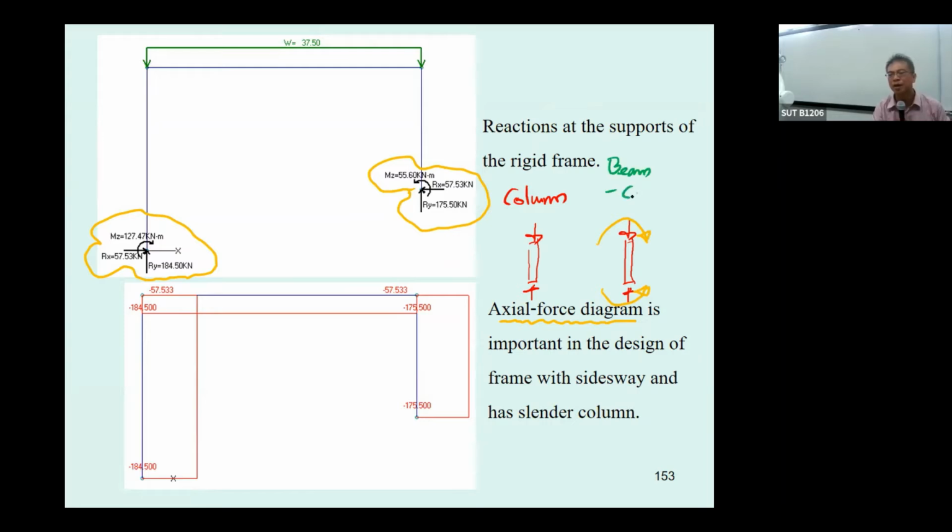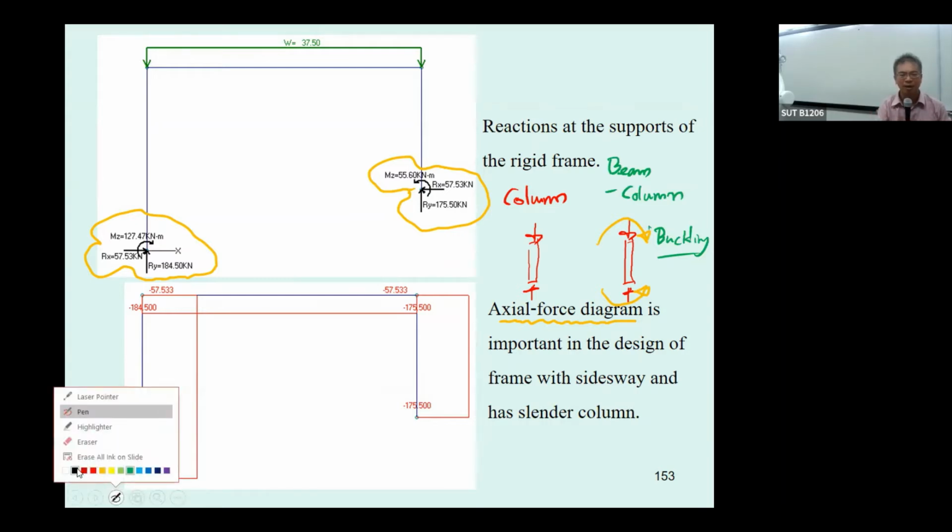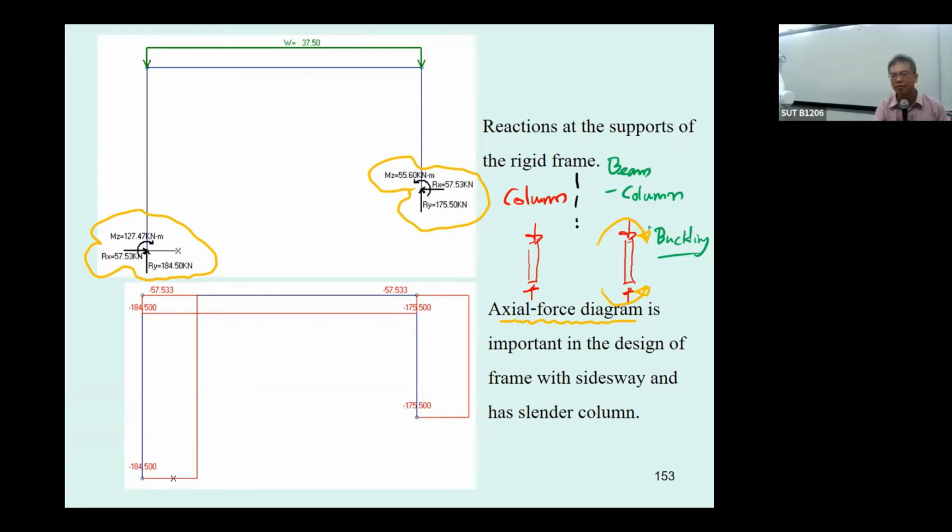The beam column has special treatment because it can buckle easily. So when you study steel design, they separate the design of steel, and also reinforced concrete, into the column and the beam column. The beam column is also equivalent to what's called the slender column, okay. And the typical column, they just leave it. It's called the short column. They are different.